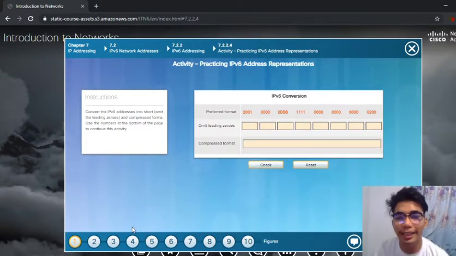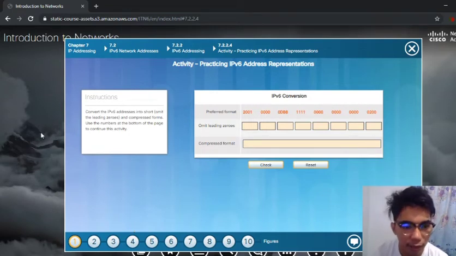Then this is the eighth activity of chapter 7, practicing IPv6 representation. It is about omitting zeros, or not excluding zeros. Then let's try to answer it. It is to convert the IPv6 address into short form, omit the leading zeros, and compressed form.